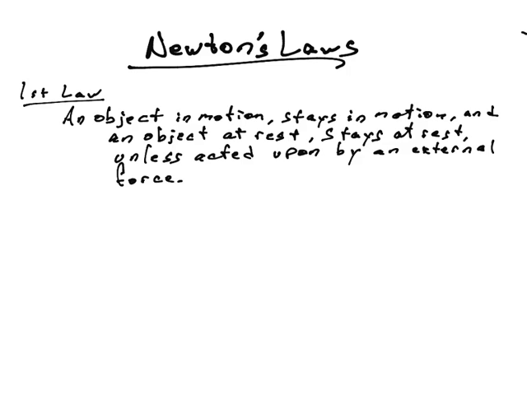Then all of a sudden we notice this actually works. And in fact, there's never been an instance where this first law didn't hold. In every situation, ever observed, ever measured, this first law holds.